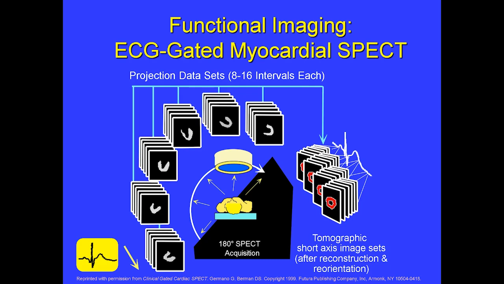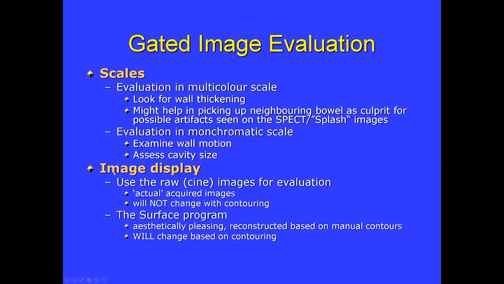The images are binned according to the EKG, so that various parts of the cardiac cycle are captured in each bin, and that happens as the SPECT camera goes around the patient. Those bins are then individually reconstructed so that we know, for each part of the cardiac cycle, what the myocardium appears to do as far as motion is concerned.